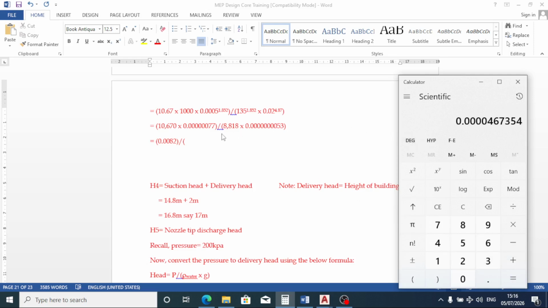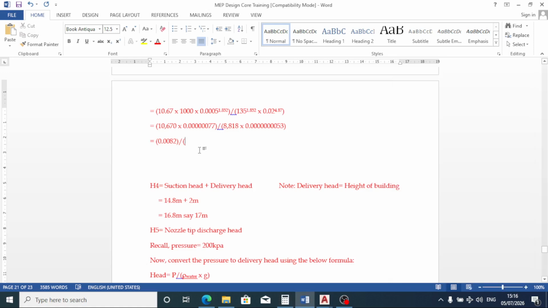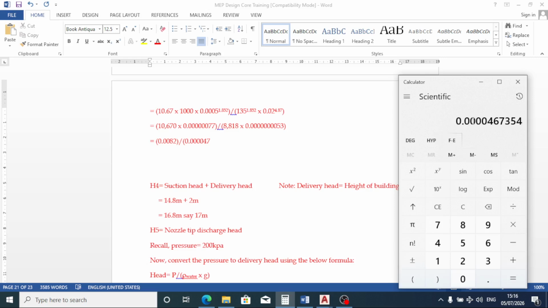We are having 0.000047. Let's round this to 47. 0.000047, right? Is it 5 zeros? 1, 2, 3, 4, 5. Yes, 47. Okay.